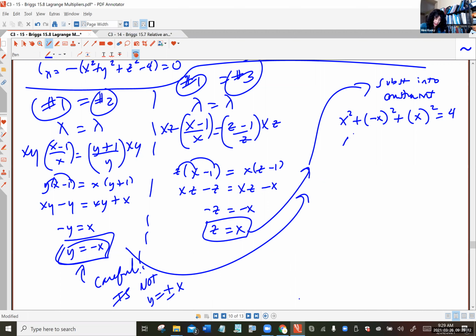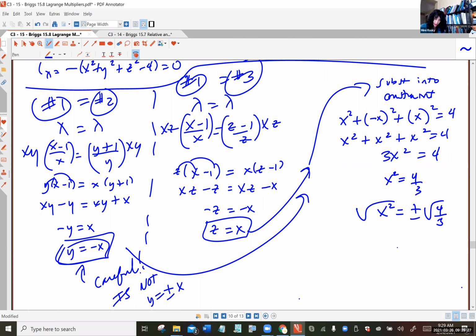So you really are getting x squared plus x squared plus x squared equals 4. But that's 3x squared equals 4. Fine. Then you go solve for x, and then you square root both sides, honoring the fact that you're going to have a plus or minus. And I get x will be plus or minus 2 over square root of 3.